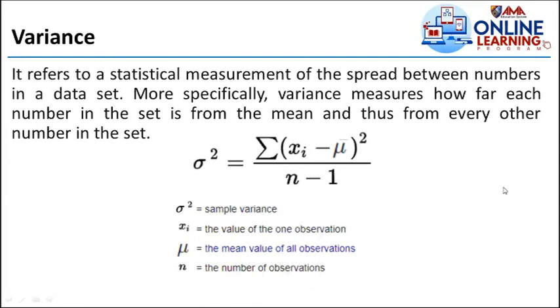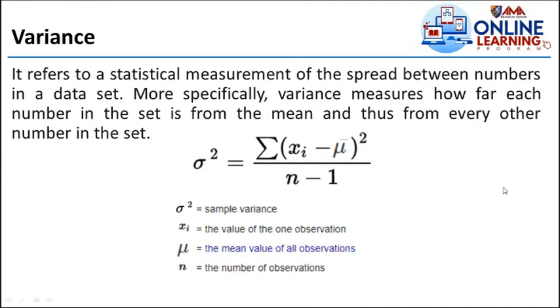Next, we have your variance. It refers to a statistical measurement of the spread between numbers in a dataset. More specifically, variance measures how far each number in the set is from the mean and thus from every other number in the set.